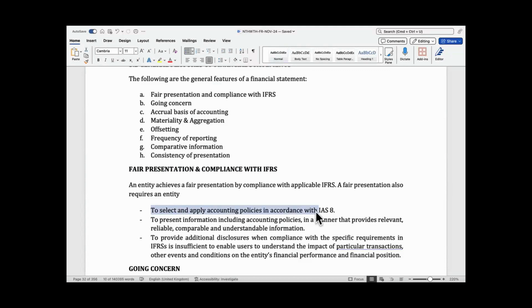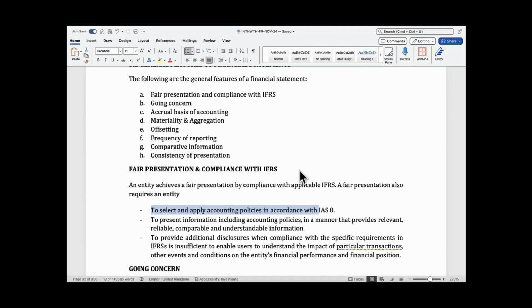The way financial statements are prepared is that all material items, all key transactions must have an accounting policy. They must have an accounting policy. Again, an accounting policy is just a way an entity applies an accounting standard. I don't want to go so much into it yet because it's a topic on its own under IAS 8.